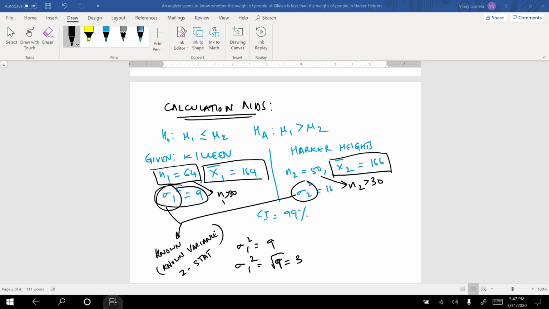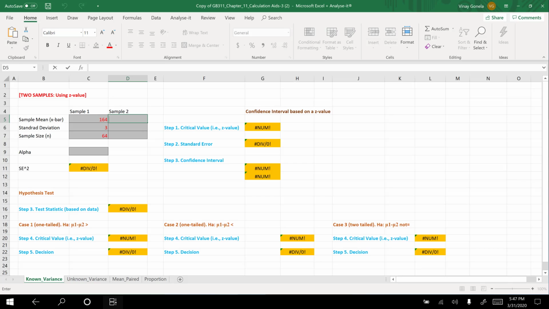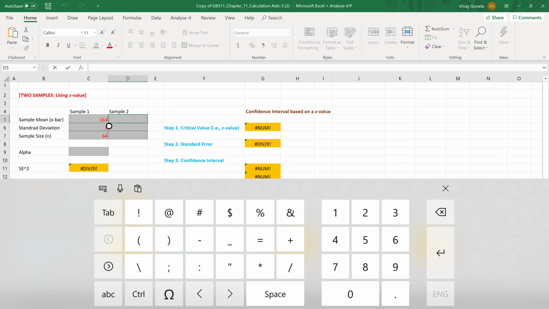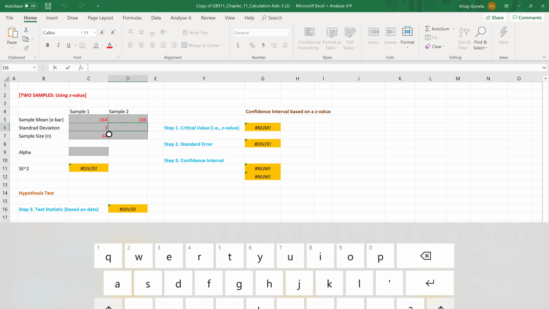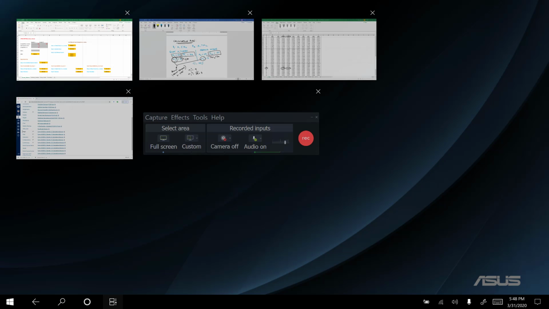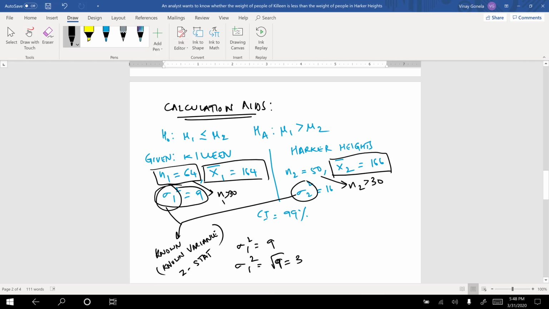I will type 166. And then, not sample standard deviation, population standard deviation.